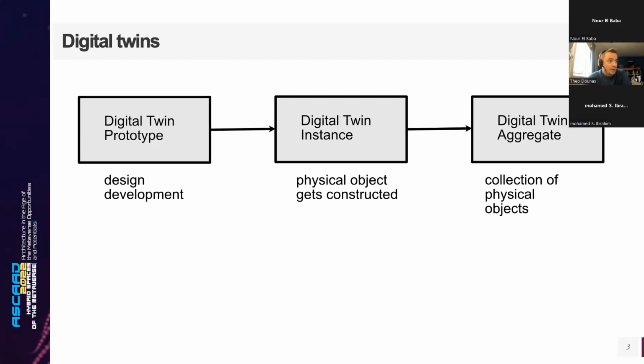Then, while the physical object gets constructed, that is a digital twin instance that corresponds to a physical artifact. And then you might also get the digital twin aggregate, which is the corresponding digital twin for a collection of physical objects. So imagine digital twins of singular buildings that get aggregated to a whole collection of a whole city.